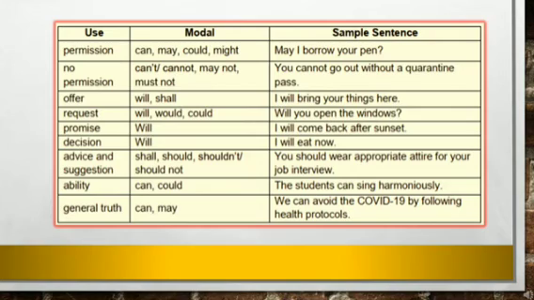So just be reminded of the following modals that we can use to show: permission, no permission, offer, request, promise, decision, advice and suggestion, ability, general truth, and many more, as already mentioned in the previous slide.